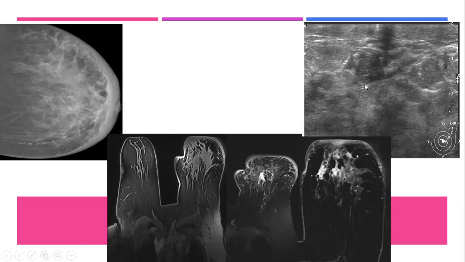Okay. So in the MRI without contrast and post contrast, on the left side there is hyperintense enhancement.